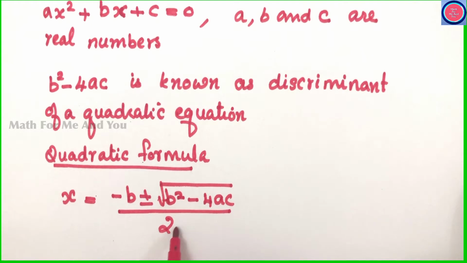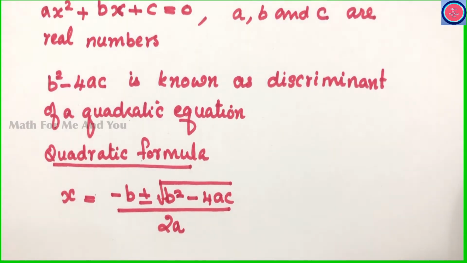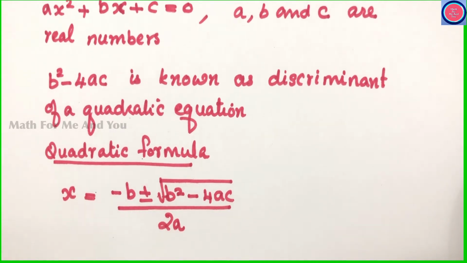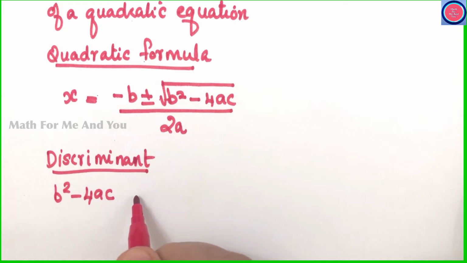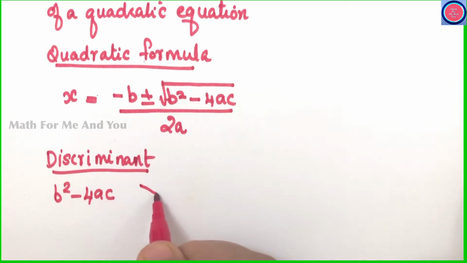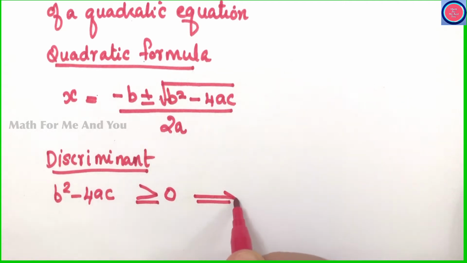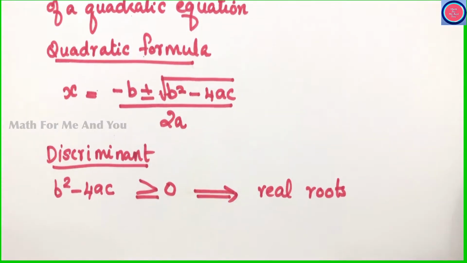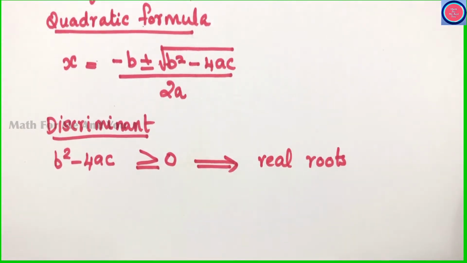See the under root expression, it is b square minus 4ac and this is the discriminant. We have studied that if we write anything under root, it must be greater than or equal to 0, otherwise we get not real numbers. So here, the under root expression is the discriminant. We should write greater than or equal to 0 to get the real roots. If b square minus 4ac is greater than or equal to 0, we will get two real roots.